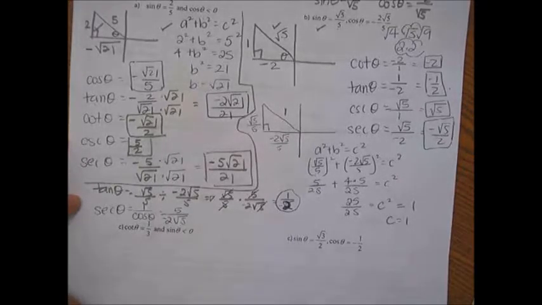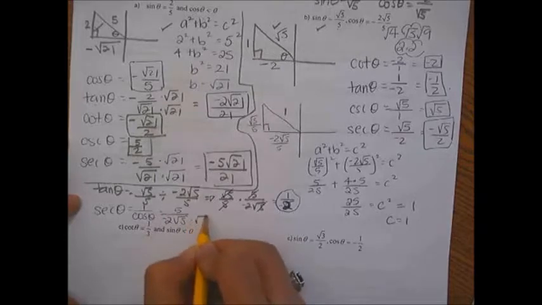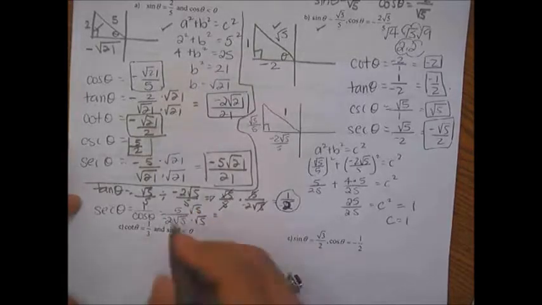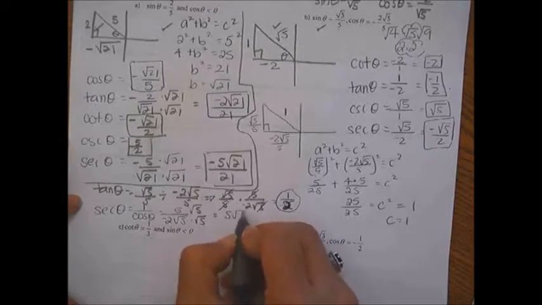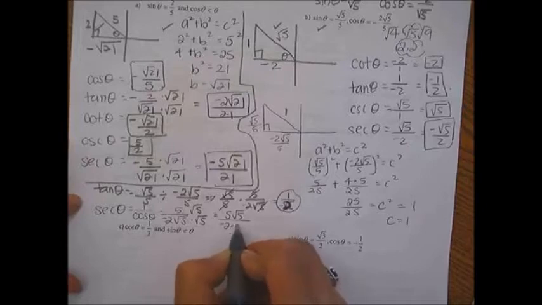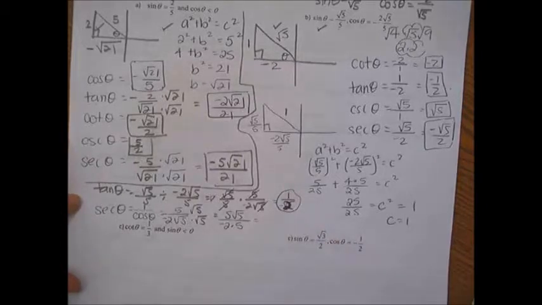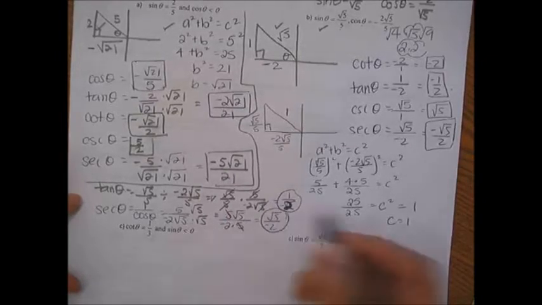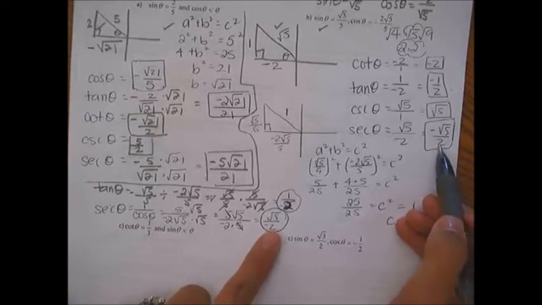What if I rationalize that? Here we go, rationalization. On the top, I have 5 rad 5. On the bottom, I have negative 2 times 5. Would you agree that this 5 and that 5 would cancel? So I'm going to end up with rad 5 over negative 2, which is the same as this answer.